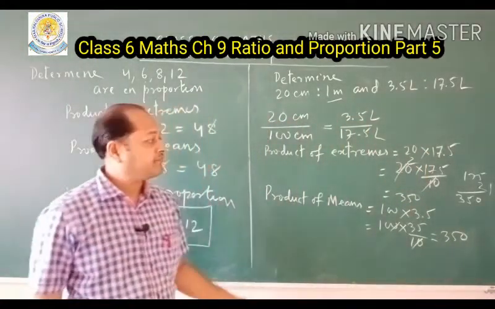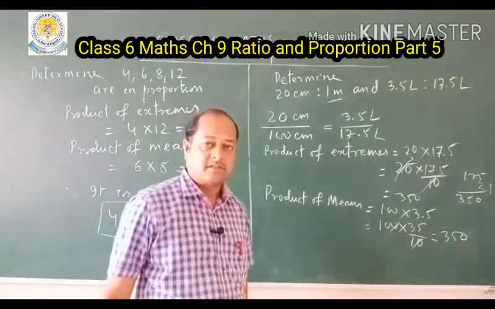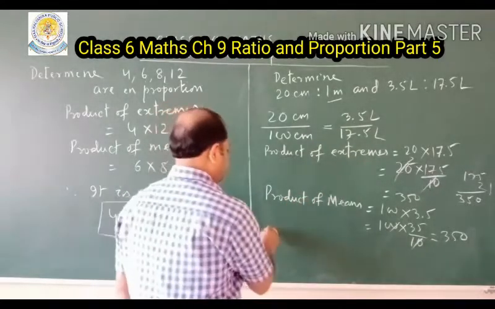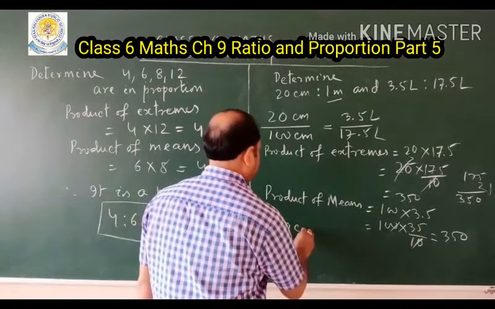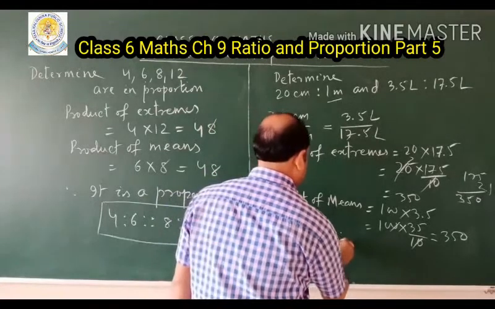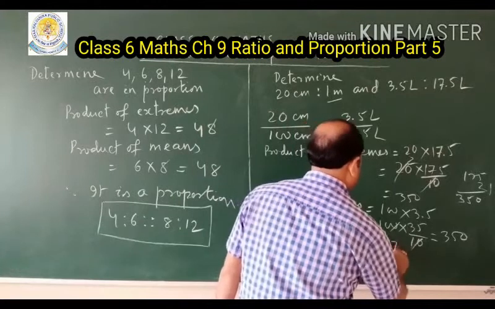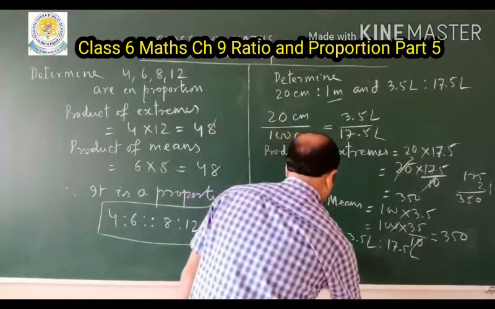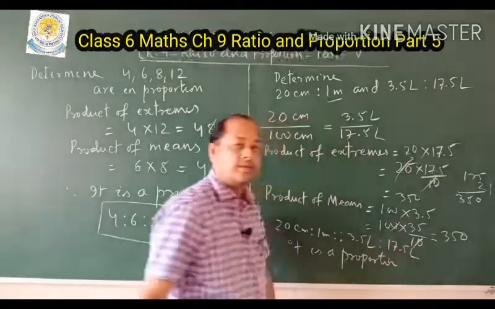So you observe that in this case the product of extremes is equal to the product of means. Then we can say that it is in proportion. Okay, therefore 20 centimeter is to 1 meter in proportion to 3.5 liter is to 17.5 liter. It is a proportion. Okay, clear?